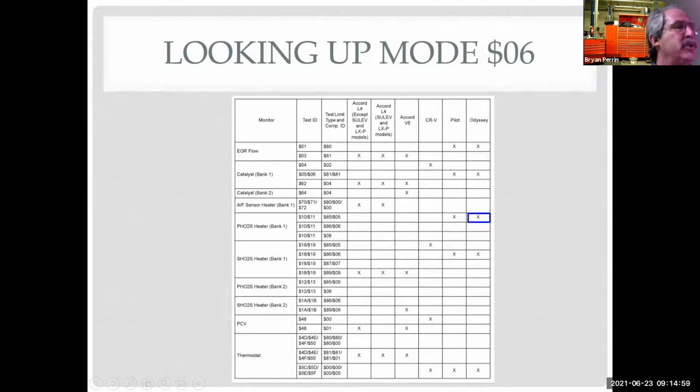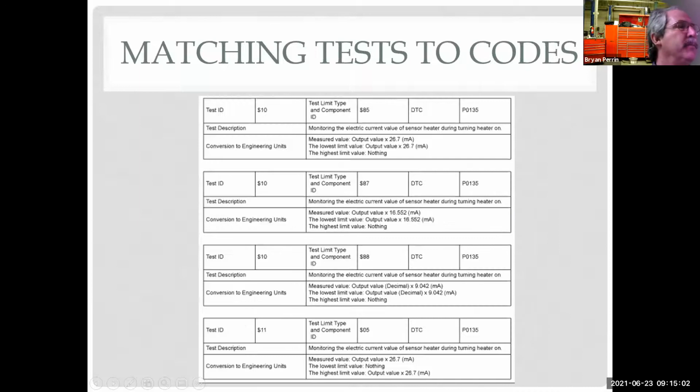So then I can match this test to specific codes. In this case, I've got test ID 10, component ID 85. It's a P0135 code. Test ID 11, component ID 5 is also a P0135 code, which is an oxygen sensor heater circuit code.